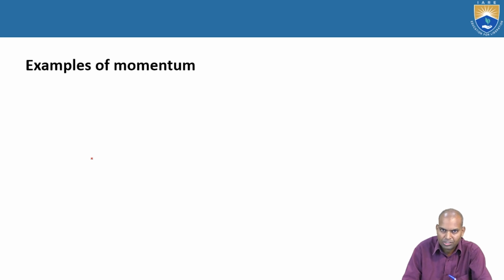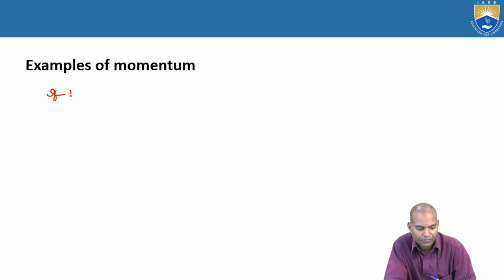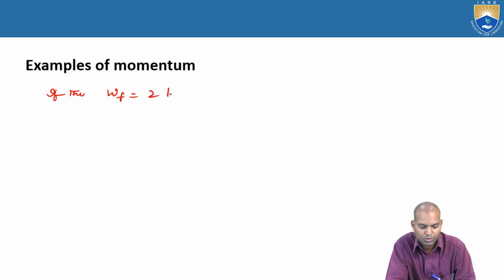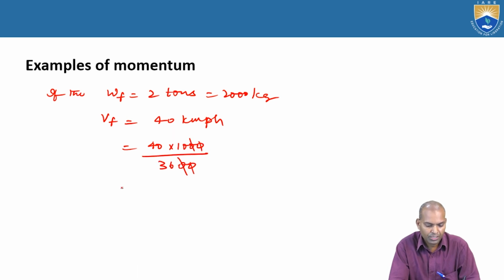Suppose a vehicle is traveling, a four-wheeler having certain velocity. If the weight of the four-wheeler is some 2 tons, that means 2000 kg, and the velocity of the four-wheeler is 40 km per hour, converted into 40 into 1000 by 3600, so it is 40 times 5 by 18.